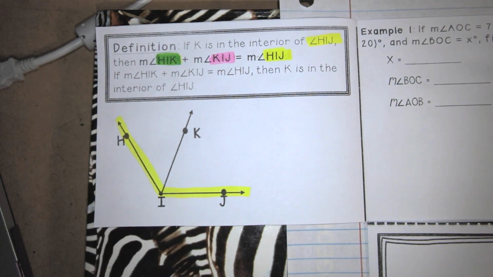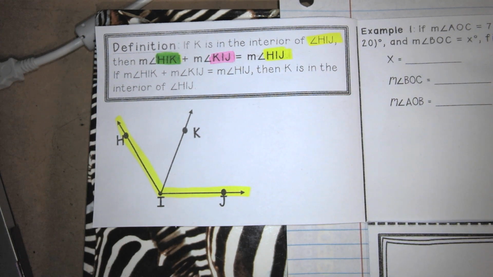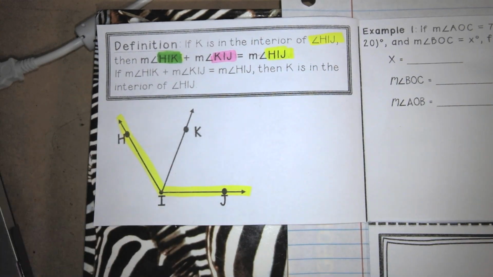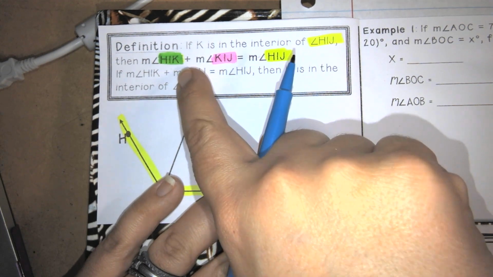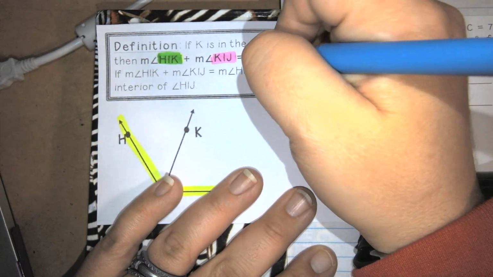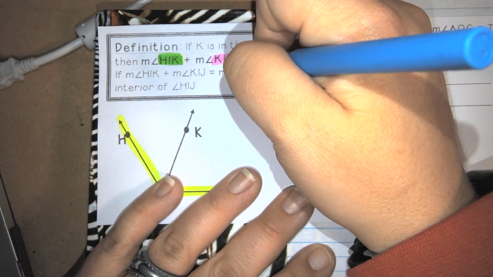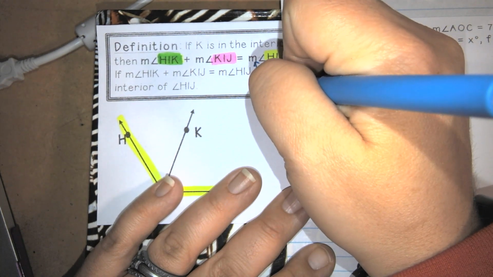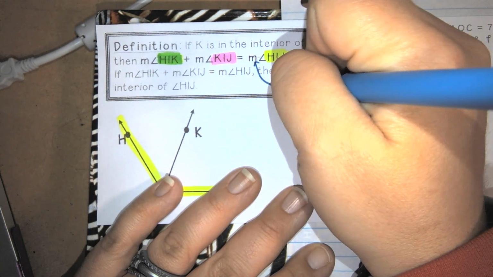I'm going to use three different colors here. When we're looking at the picture, HIJ is this whole piece. This little M in front of the angle sign on all of these means measure. So make a little note of that: the measure of.